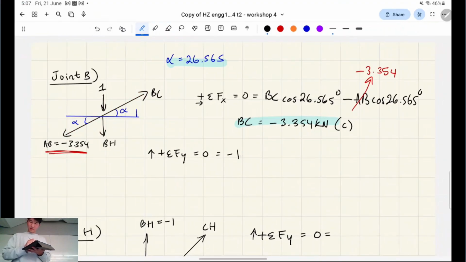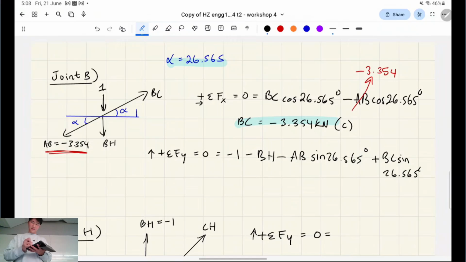So this can be -1, minus BH, which is the one pointing straight down, minus AB sine 26.565, that's the downwards arrow there, and then plus BC sine 26.565.